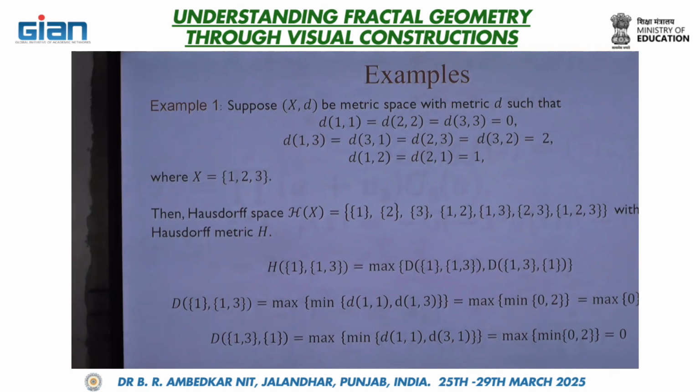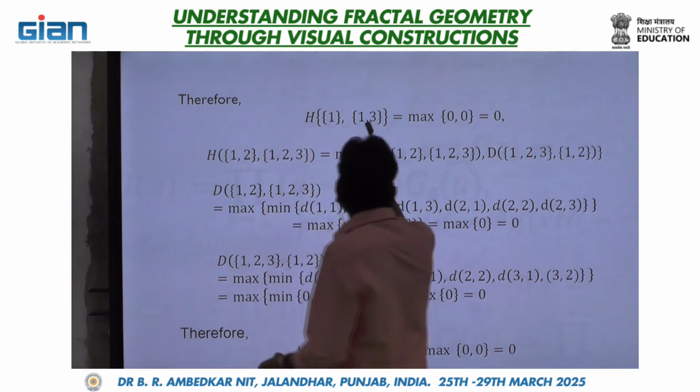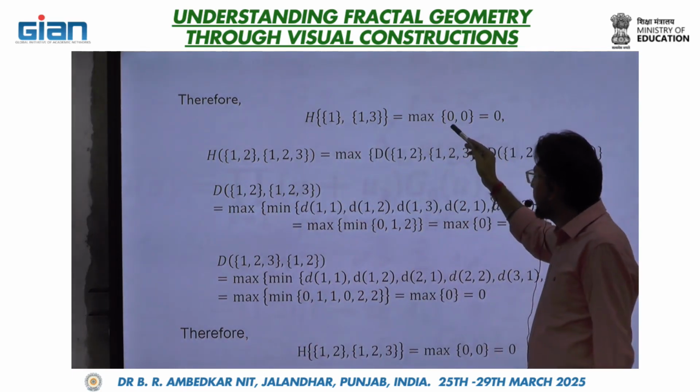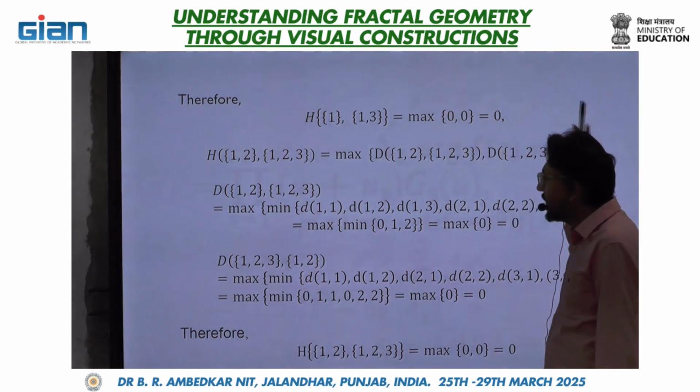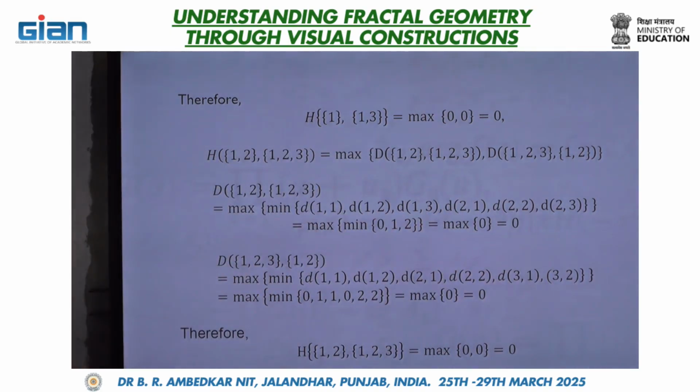Okay, so I am just demonstrating how to find these things. Then H of 1 comma 3 will be maximum of D of A comma B and D of B comma A, both were 0, so you will get 0. Like that you can find H of some A comma B.